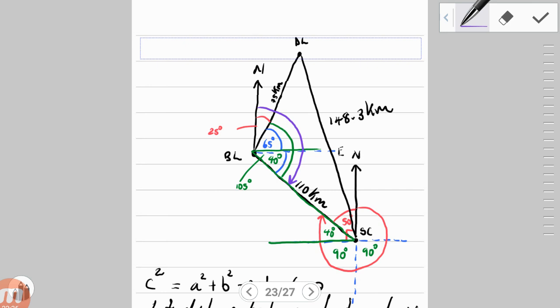If we sum those angles, the total bearing is 25 plus 65 plus 40, which works out to be 130 degrees. So the complete bearing is 130 degrees, and it visually makes sense.